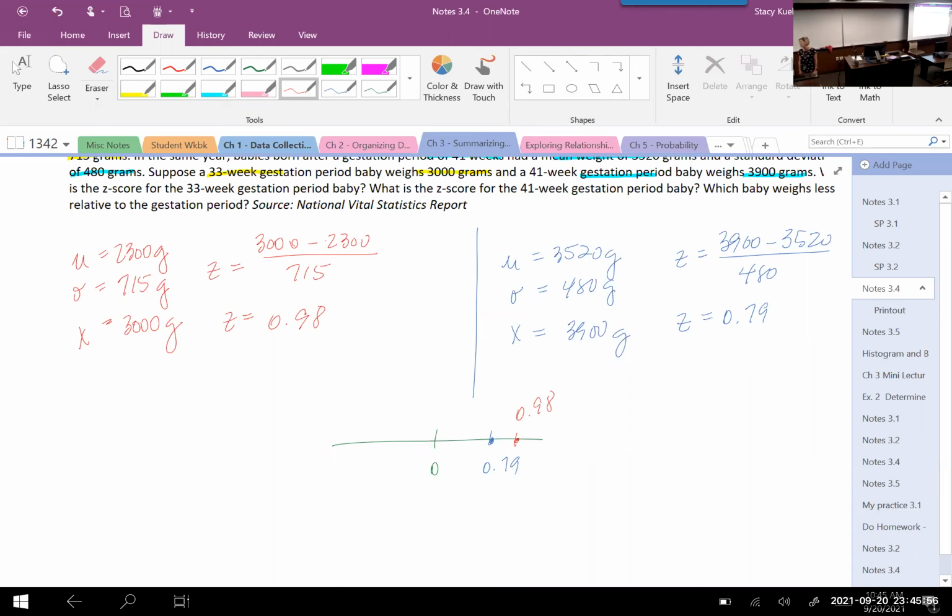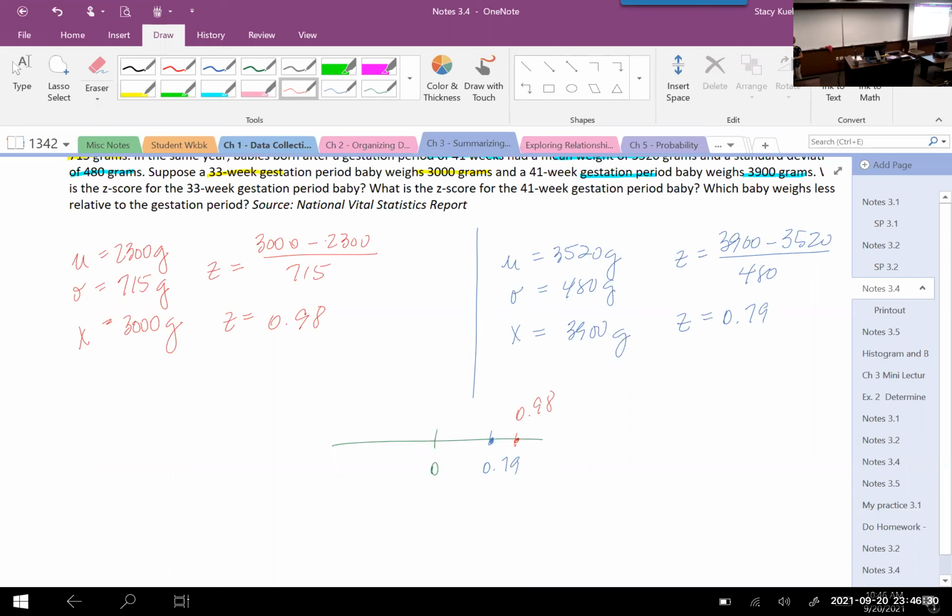Because that's the z-score. Relative to other full-term babies, that's what that means. Relative to other full-term babies, that baby weighed less. The preemie baby, relative to other preemie babies, weighed more. Okay? That's what z-scores allow us to do, is we are able to compare things that are not the same. You have preemie babies who have their own set of mean and standard deviations, and you've got full-term babies who have their own set of means and standard deviations.